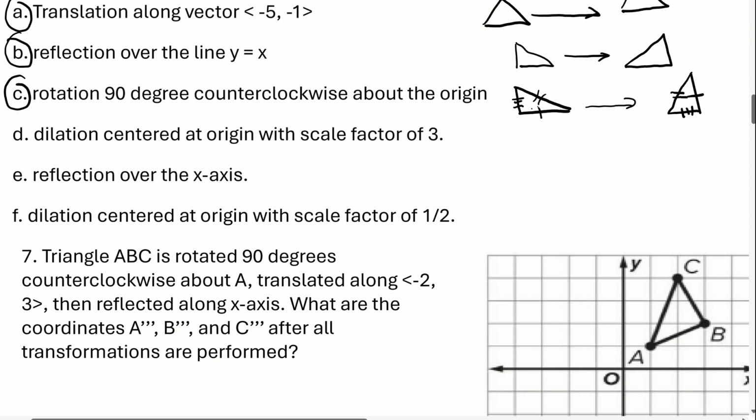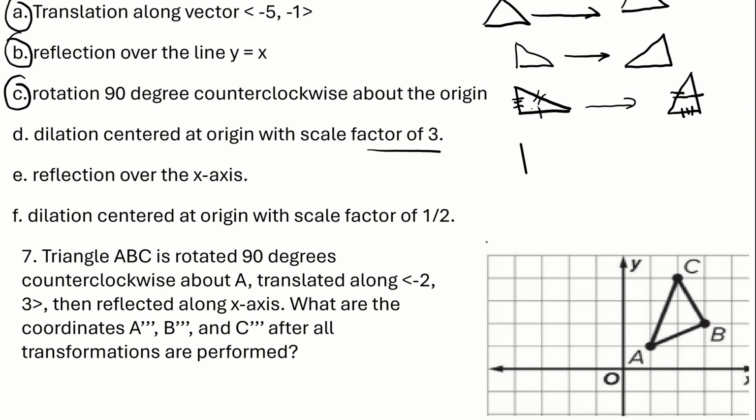Now, a dilation. We haven't talked about dilations yet, but dilations we'll talk about in the next chapter, in the chapter on similarity, rather. So dilation is when you stretch or you shrink something. Okay, so if you're dilating something with a scale factor of 3, you're making it 3 times bigger.